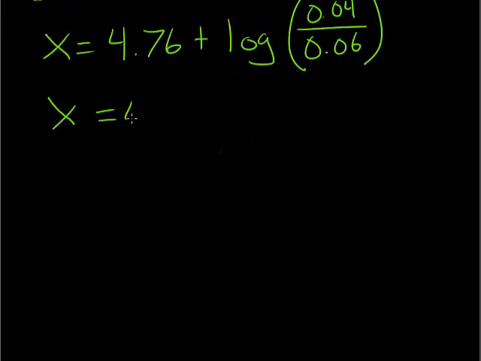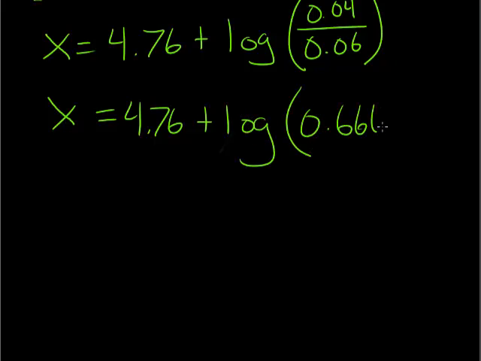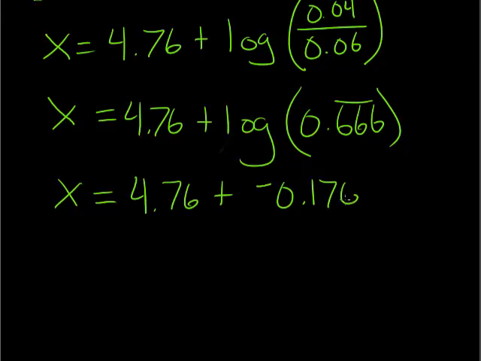So X equals 4.76 plus log of 0.666 continuous, which gives us X equals 4.76 plus a negative 0.176. X equals 4.584. And this is our final pH.